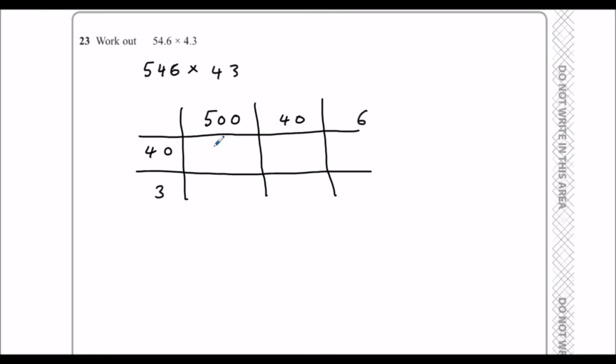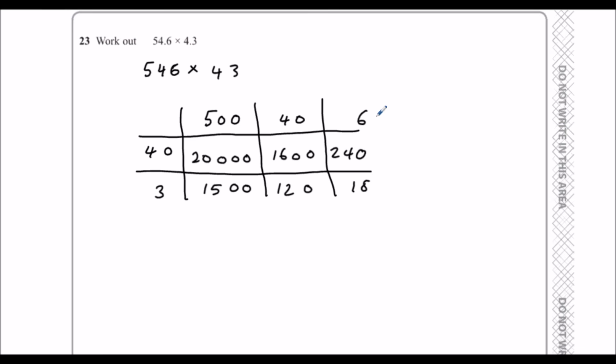So 4 times 5 is 20, and add on 3 zeros. 4 times 4 is 16, add on 2 zeros. 4 sixes are 24, add on 1 zero. 3 fives are 15, add on 2 zeros. 3 fours are 12 with 1 zero, and 3 sixes are 18.